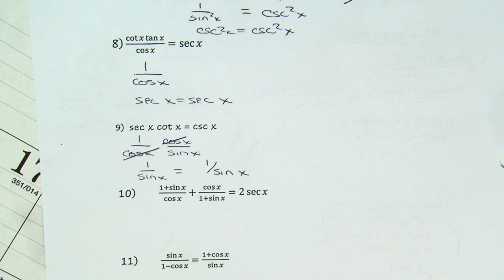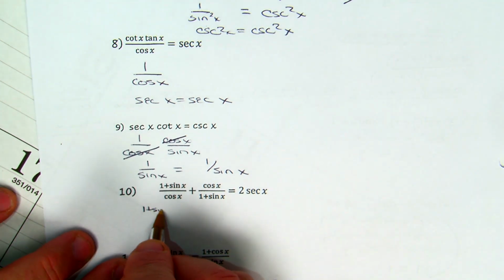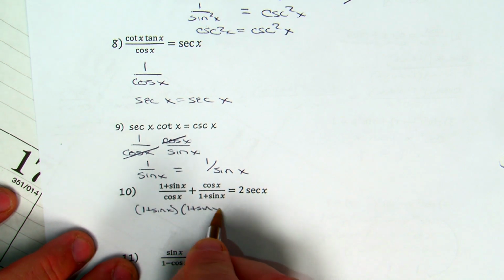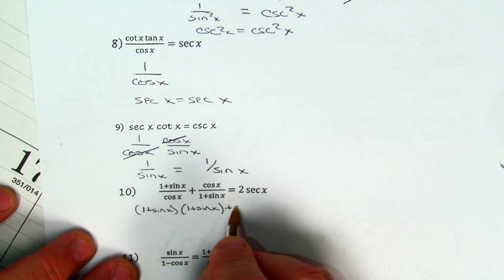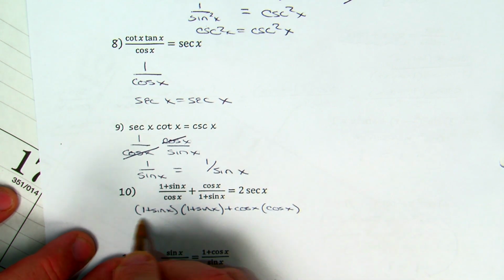Alright? Number 10, I have different denominators. So I got to find a common denominator. So 1 plus sine x gets multiplied by 1 plus sine x. Cosine x gets multiplied by cosine x.